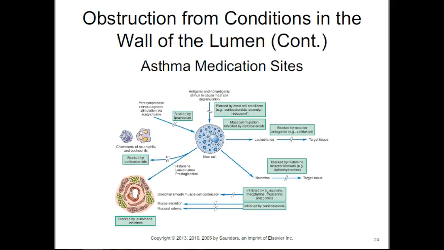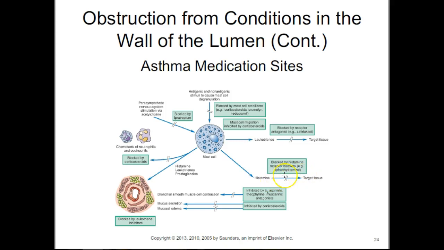All right, so many asthmatics, particularly those with adult onset intrinsic asthma, are going to have corticosteroids prescribed, right? You will also have other corticosteroids that can block mast cells as well.